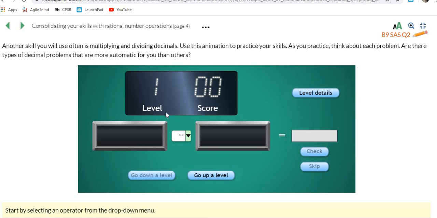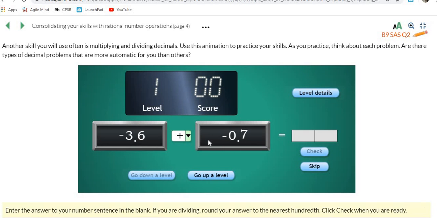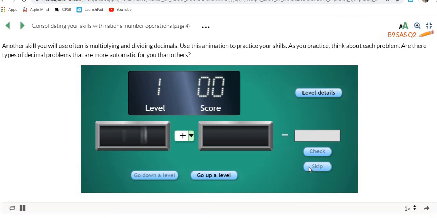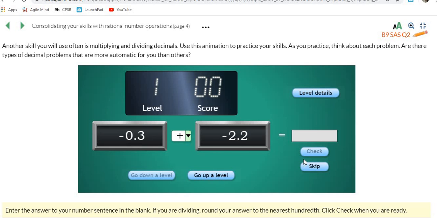So if you need an addition problem, you're going to click here, select addition, and it's going to give you some random numbers. You're going to write that problem under problem, and then you're going to answer it and hit check. If you skip, it's a different problem and you gotta work another one.